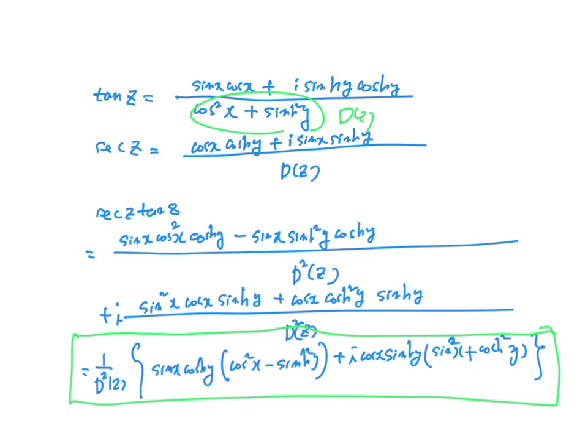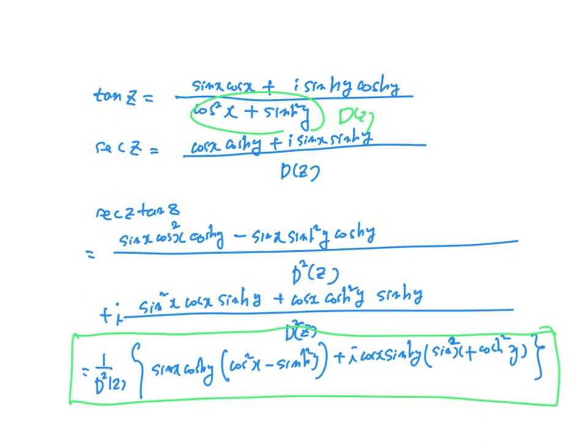Let's compare with these two terms together. Real part is the same, and for the imaginary part the common factor is cosine x sine hyperbolic y and sine squared x plus cosine hyperbolic squared y.